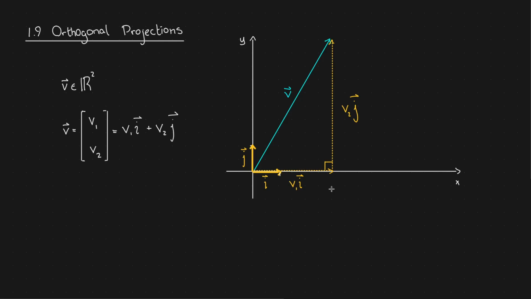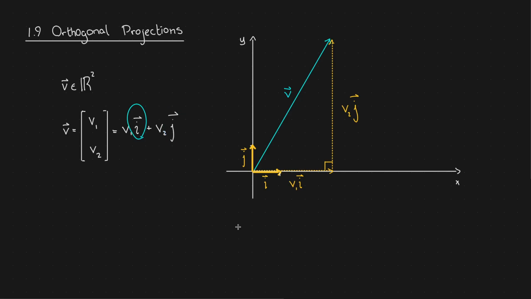Now here's the key though. There's nothing mathematically magical or special about vector i and vector j. These two standard unit vectors, they're standard not because they are special mathematically, but because they are convenient to our coordinate system. They make the math a little easier to do, but there's nothing actually special about them.